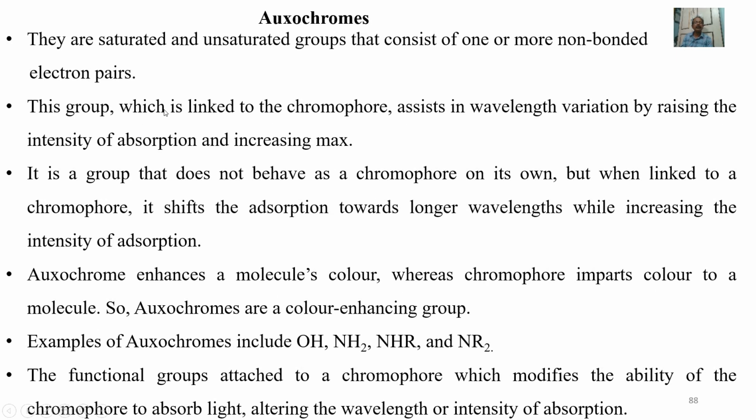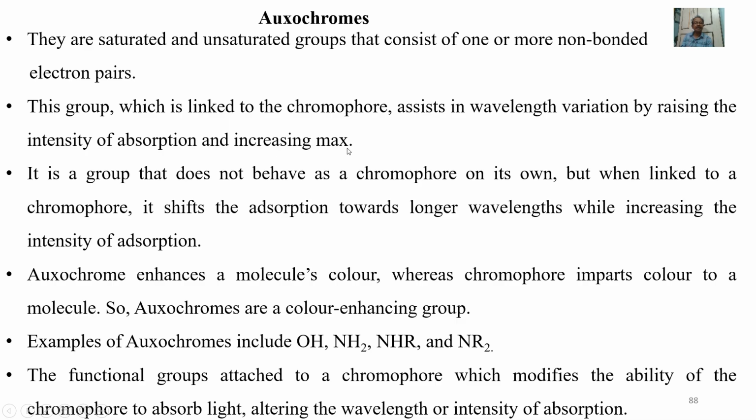Auxochromes. They are saturated and unsaturated groups that consist of one or more non-bonded electron pairs. This group, which is linked to the chromophore, assists in wavelength variation by raising the intensity of absorption and increasing lambda max.